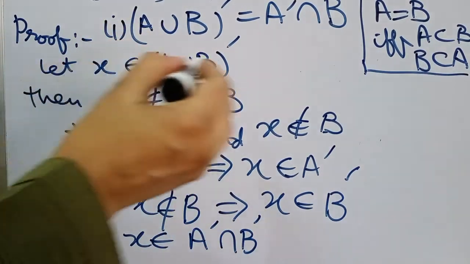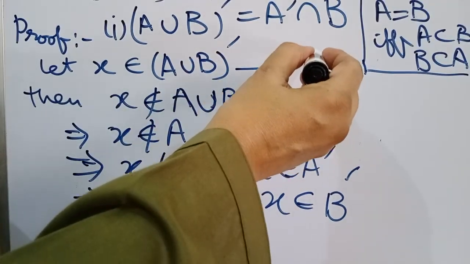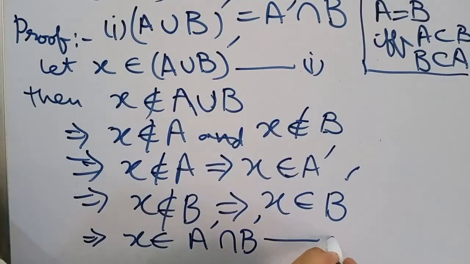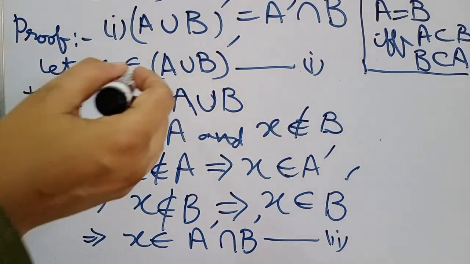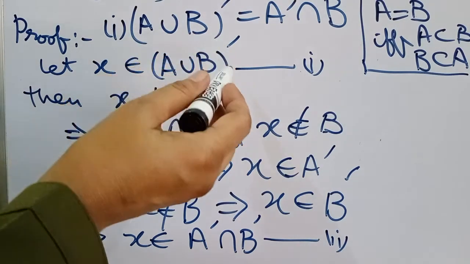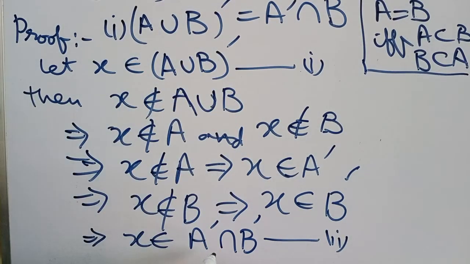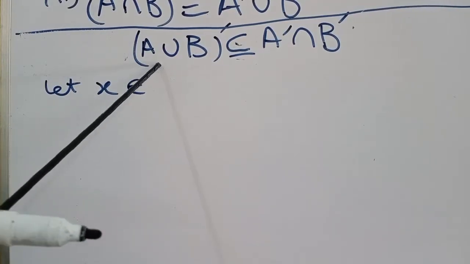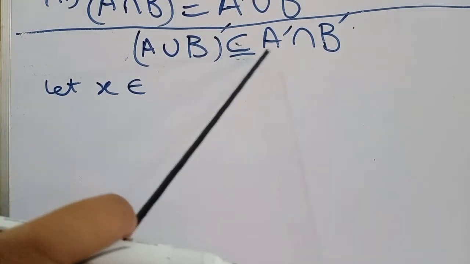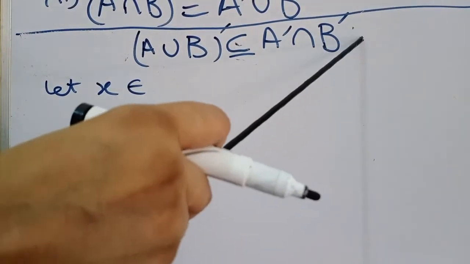By this, first and second, we observe that (A union B) whole complement is a subset of A complement intersection B complement.